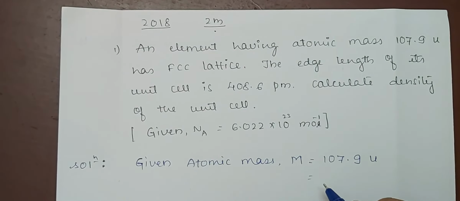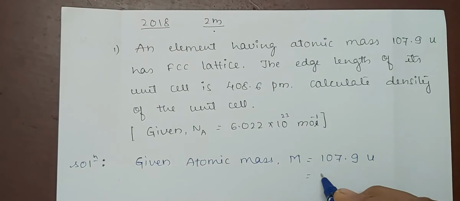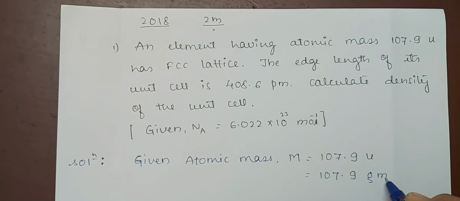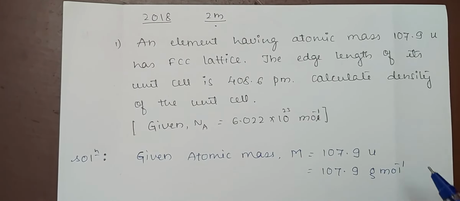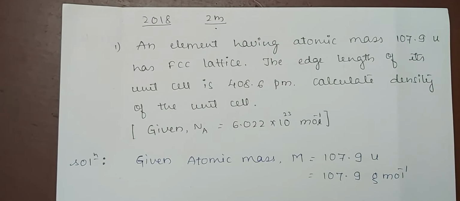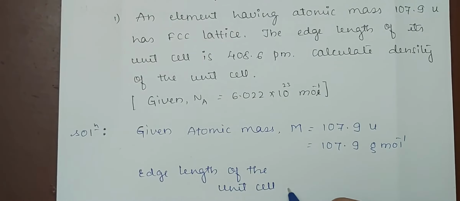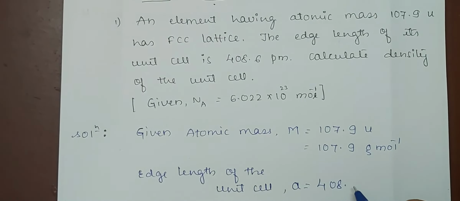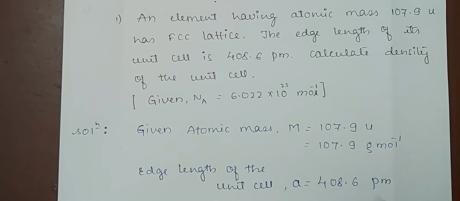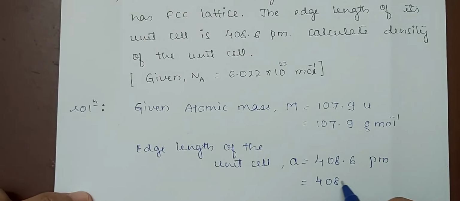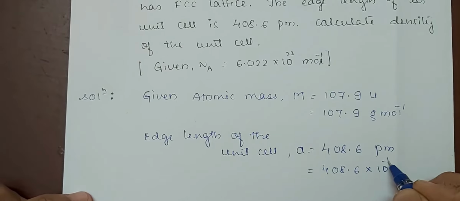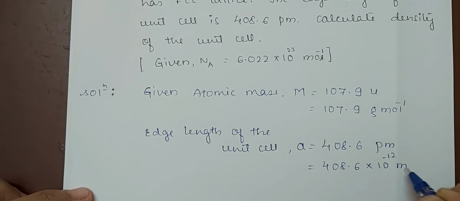So, let us express this in gram per mole, that is 107.9 gram per mole. Now, edge length of the unit cell, that is A is equal to 408.6 picometer, that is 408.6 into 10 raised to minus 12 meter.